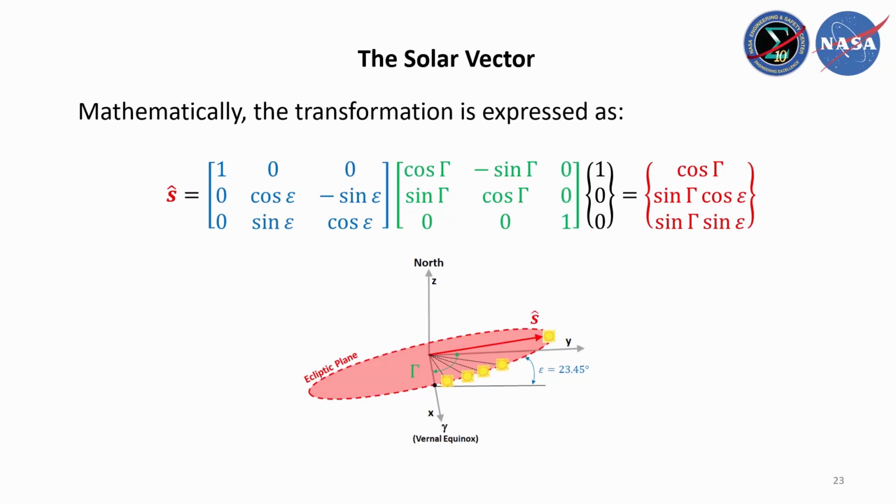As we learned in part 1 of this lesson, we can accomplish this transformation by multiplying two 3x3 matrices in the order the transformations are to be performed. The first matrix is an x-axis transformation, the second a z-axis transformation. The operations are performed on a unit vector initially aligned with the celestial x-axis, which is denoted by the 1, 0, 0 vector. The result of this transformation is also a unit vector, namely S.